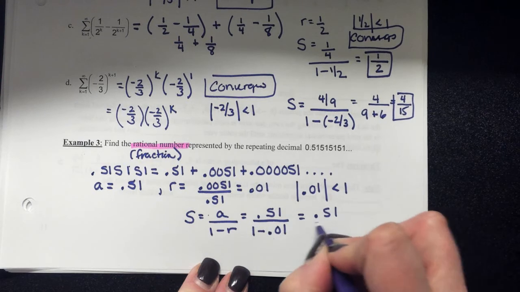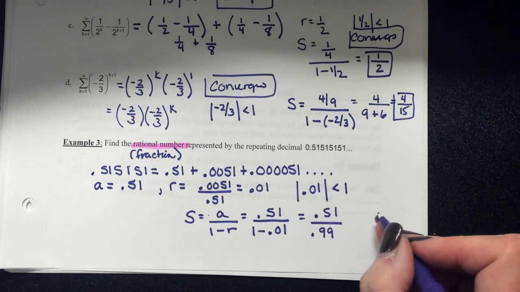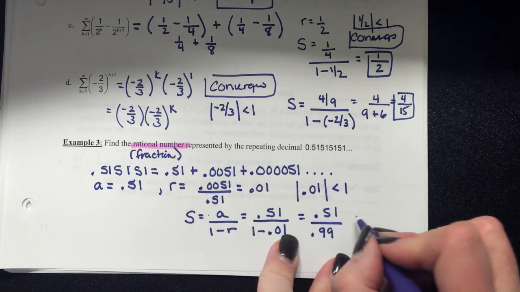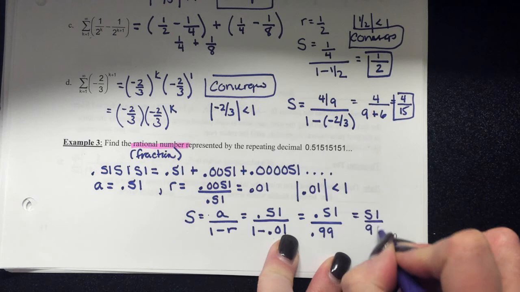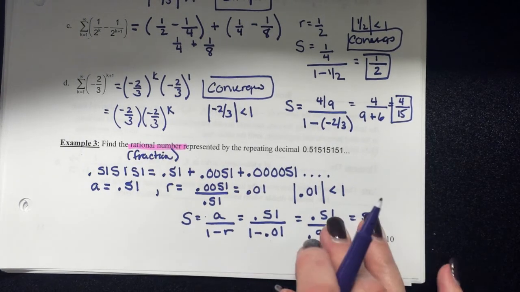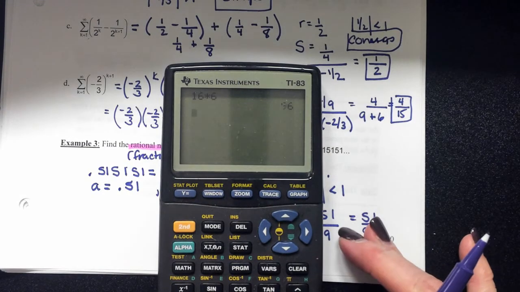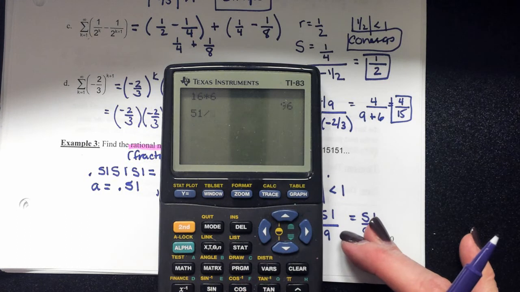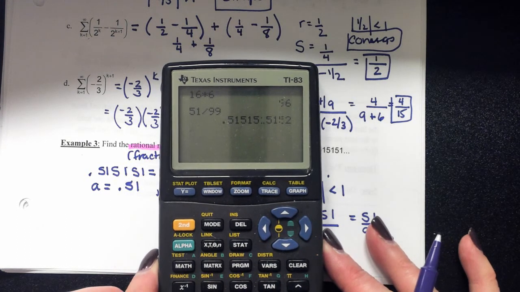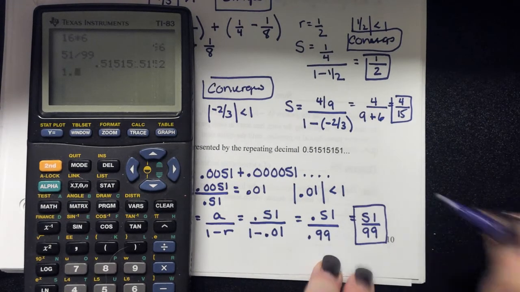So 0.51 divided by 0.99. So what's that fraction going to be? 51 over 99. And if you were to take out your calculators and take 51 and divide it by 99, hopefully we get this repeating decimal, which notice we do.